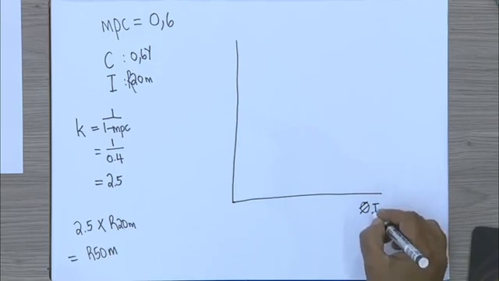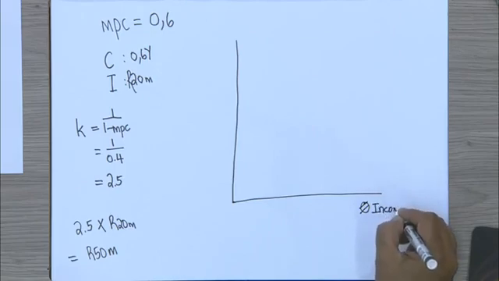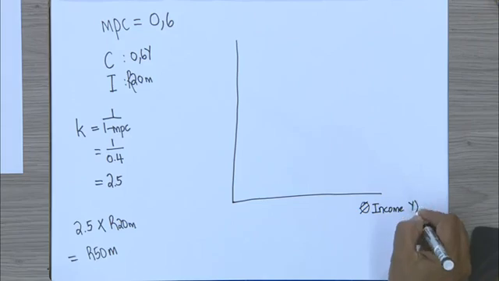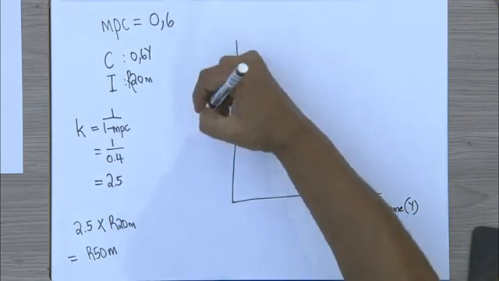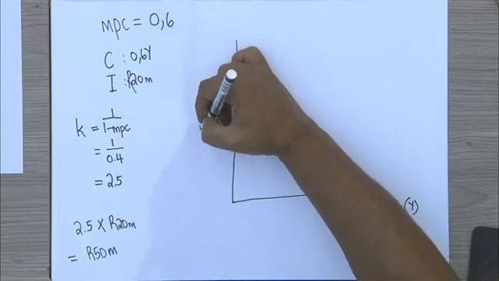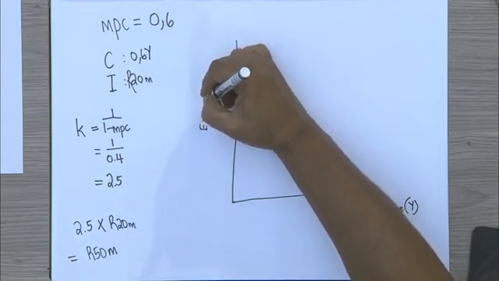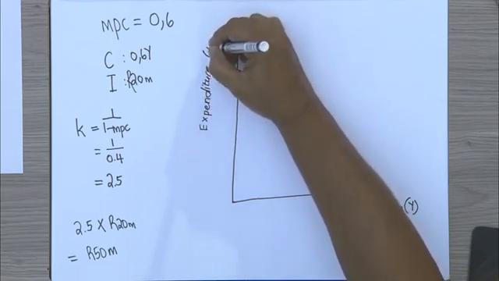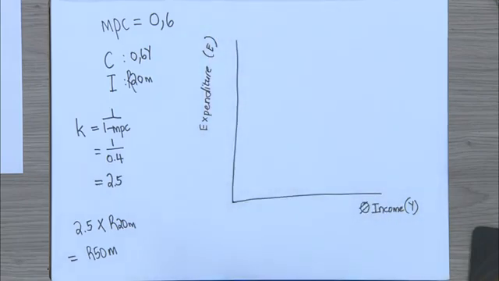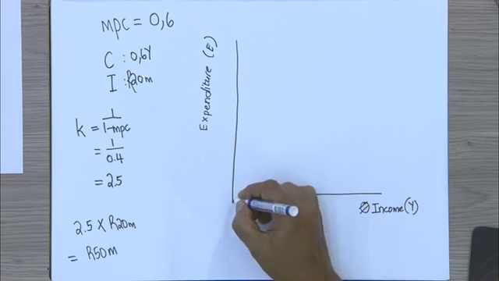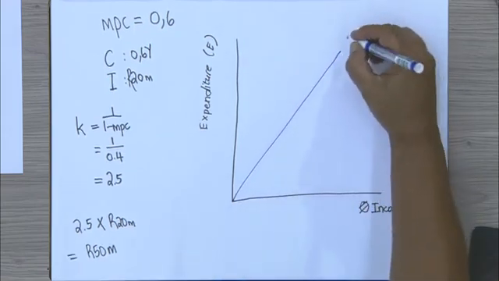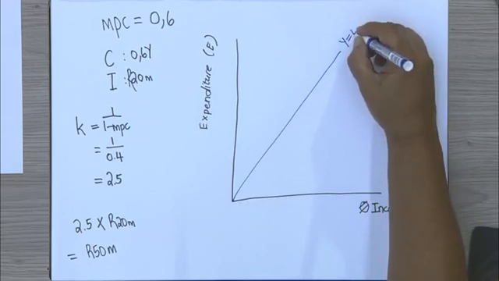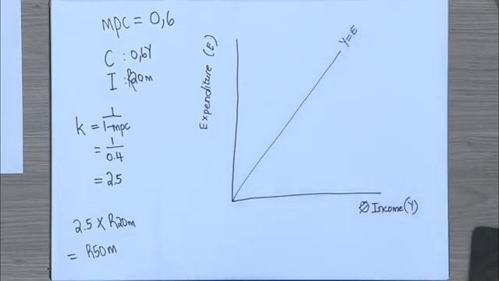This axis is income, which is denoted by the letter Y, and this one here will be expenditure, which is now the letter E. I then draw my 45-degree line, and this is the line where Y is equal to E.